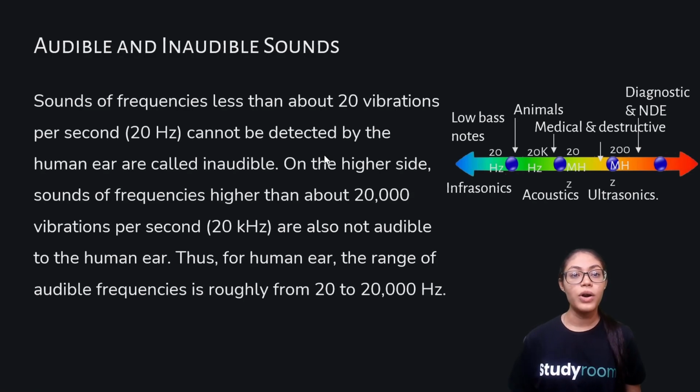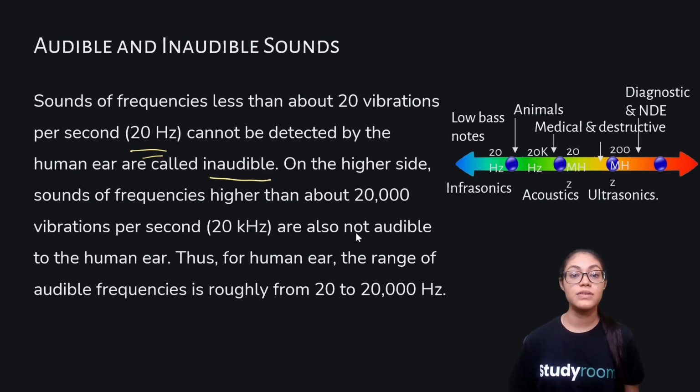Now, audible and inaudible sounds. Sounds of frequencies less than 20 vibrations, that is 20 hertz, cannot be detected by the human ear. And because they cannot be detected, they are inaudible. On the higher side as well, above 20 kilohertz, humans cannot hear.